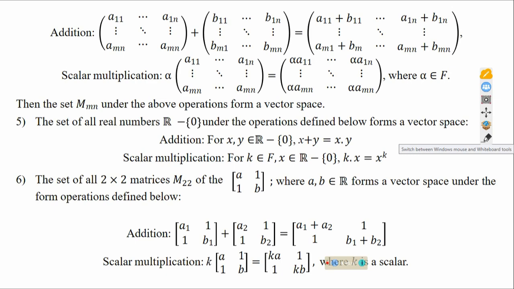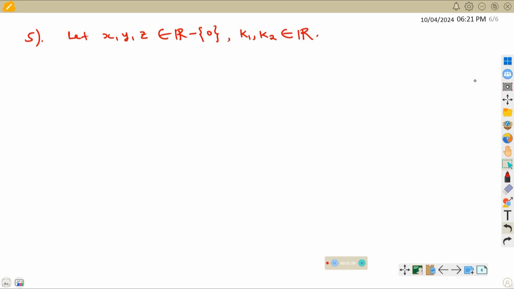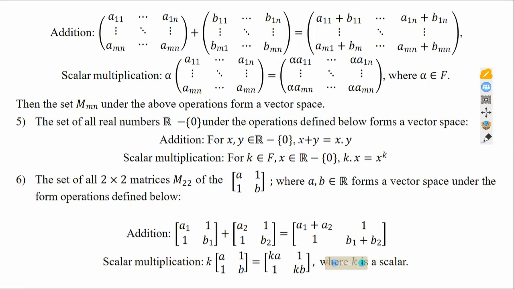So beginning with the first one, we shall use these elements, that is x, y, and z picked from our given set, that is R minus 0, and we shall have k1 and k2 picked from the scalar field, that is the field F, as clearly given.